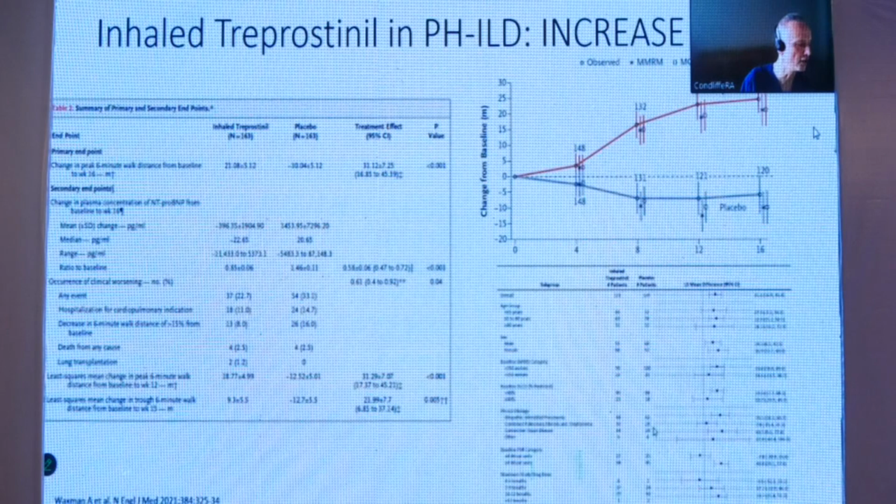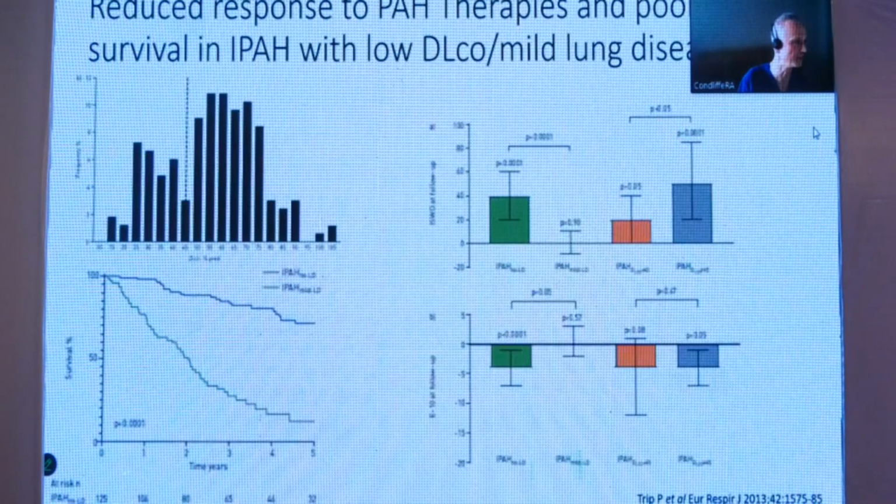You'll see that if you look at the post-hoc analysis, patients with a PVR less than 4 Wood units didn't benefit, so patients with slightly more severe disease seem to benefit more, and patients with connective tissue disease related PAH and idiopathic interstitial pneumonia benefited, compared with, for example, patients with combined fibrosis and emphysema.